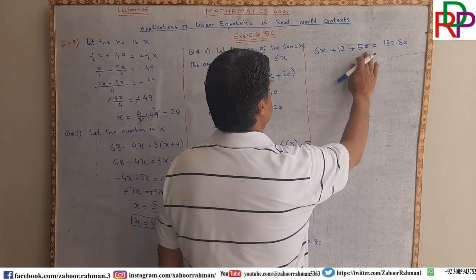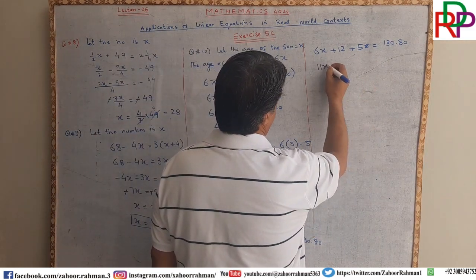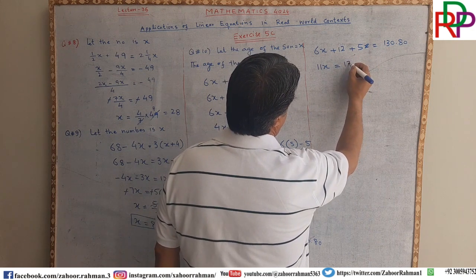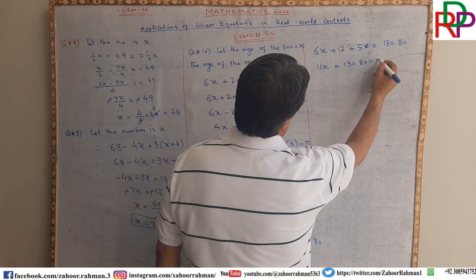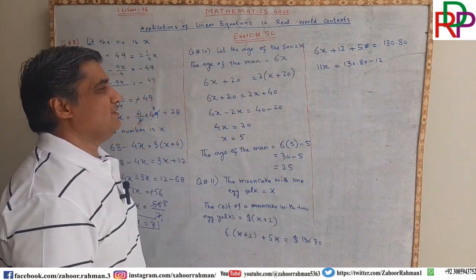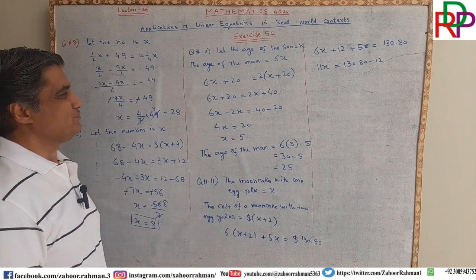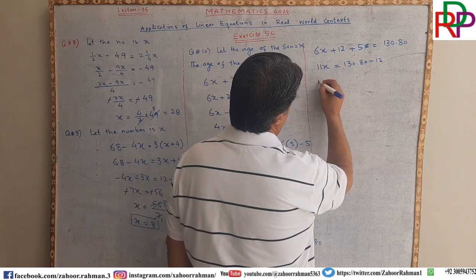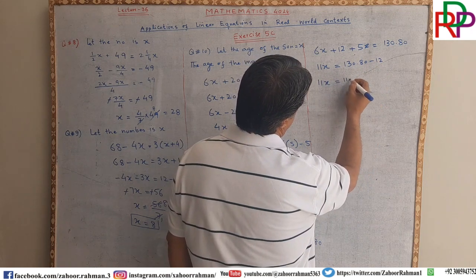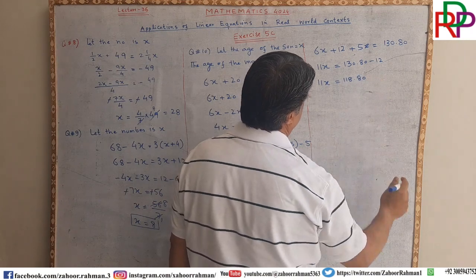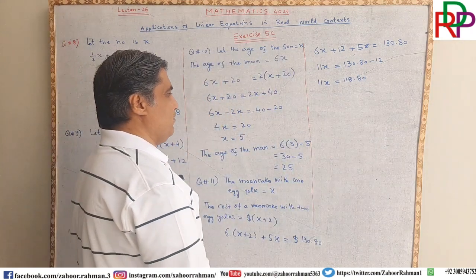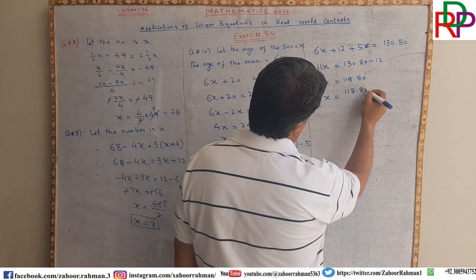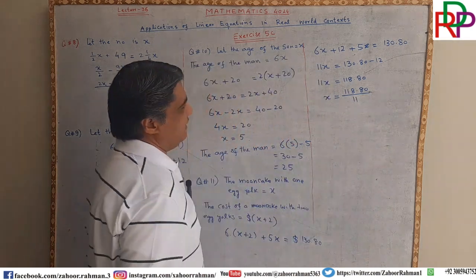Now 6x plus 5x is 11x. 11x is equal to 130.80 minus 12. So when we subtract from 130 it will be 118.80. Now dividing both sides by 11, x is equal to 118.80 divided by 11.